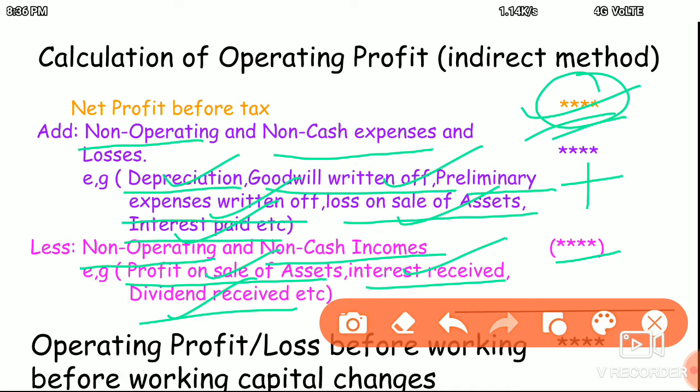They will increase the profit, so in order to calculate the operating profit, we deduct them. After we adjust the net profit, the amount that comes will be our operating profit or operating loss before working capital changes.